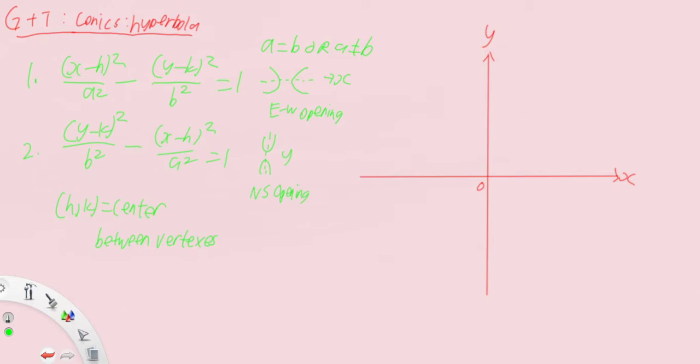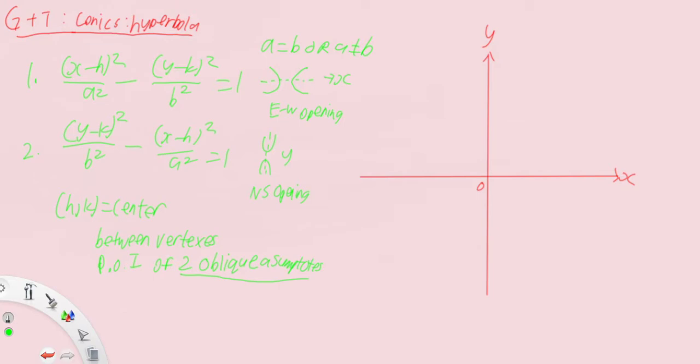It's also the point of intersection of the two asymptotes, two oblique asymptotes. So this is another part of your conics for the hyperbola, more specifically, where there are two oblique asymptotes and they intersect at the center.